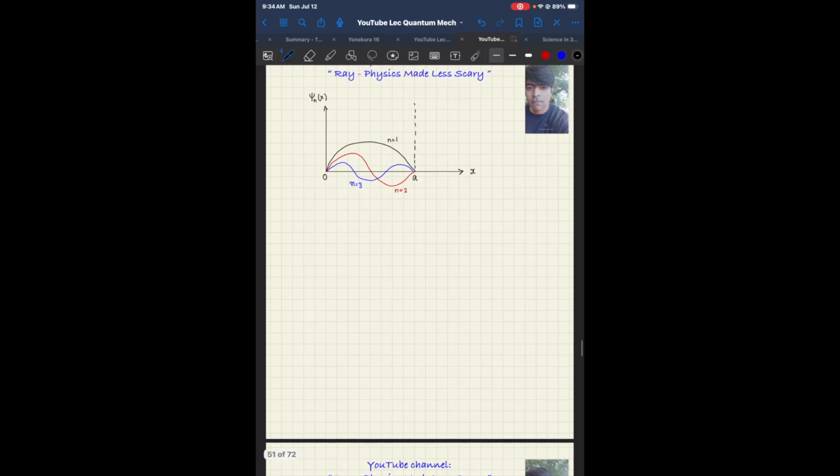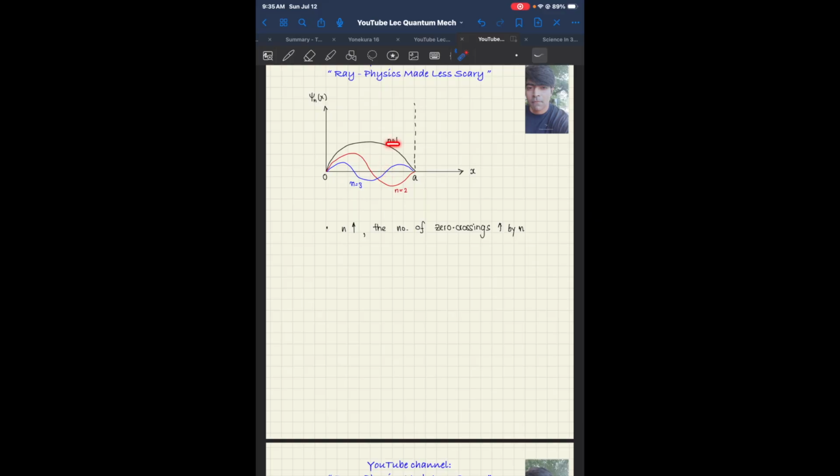So the point being, as you go higher up in n, the number of zero crossings increases by 1. What do I mean by zero crossings? Well, these are zero crossings for you: this point, this point, this point, etc.